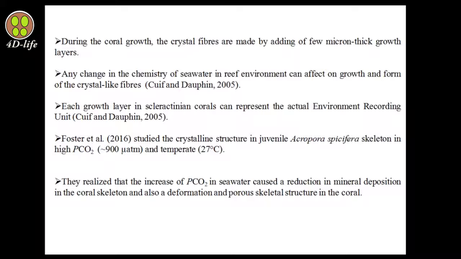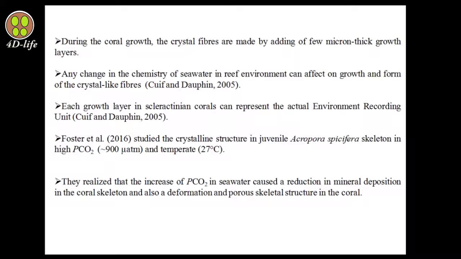They realized that the increase of CO2 in seawater caused a reduction in overall mineral deposition in the coral skeleton and also a deformed and porous skeleton structure. This is because coral fibers and centers of calcification grow with low density and also a different form.